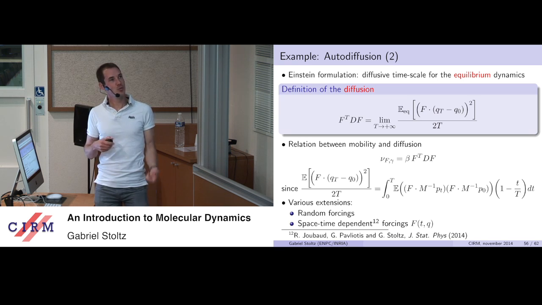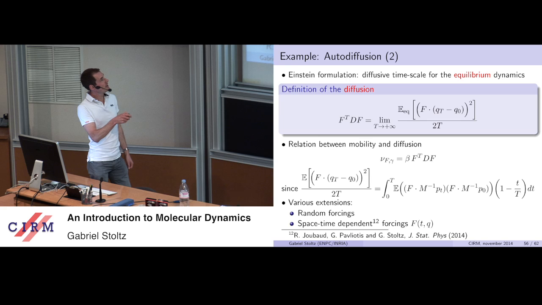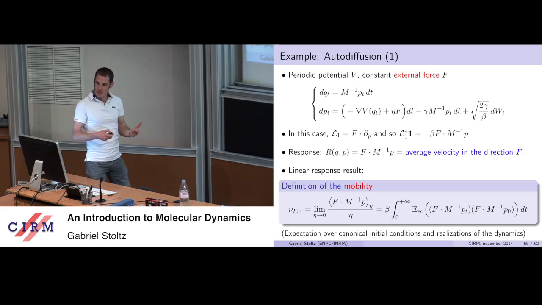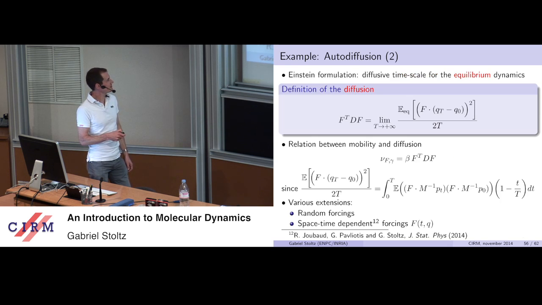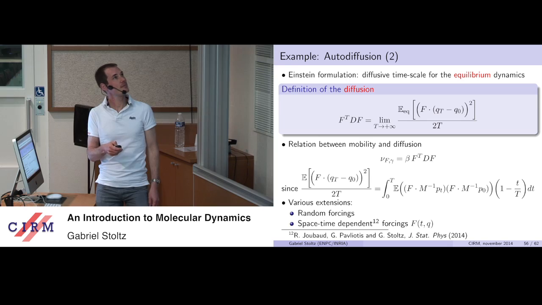So there are two ways of computing this effective diffusion. Either you let the particle diffuse spontaneously and you measure the spontaneous diffusion, or you help the particle to move by applying a constant force and you look at the average velocity this generates. And that's the kind of thing you'd like to compute in practice.